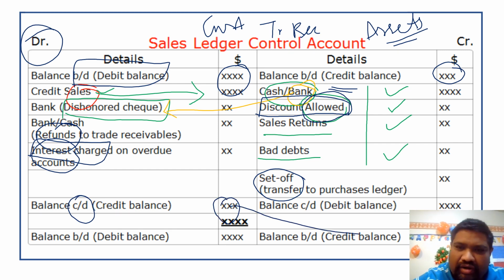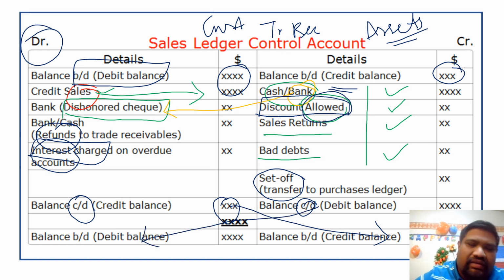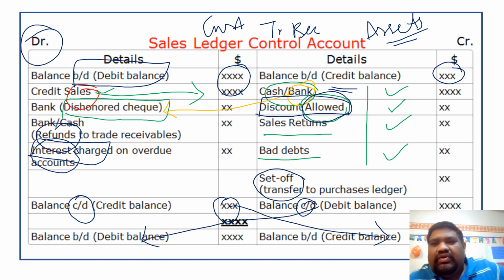This will come as brought down on the credit side. Here the debit balance we write as carried down and write in the brought down. Hope you understand each and every item. It is so easy. And one more point is we can find out the missing numbers.